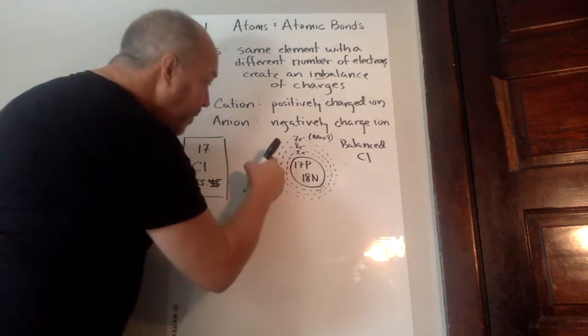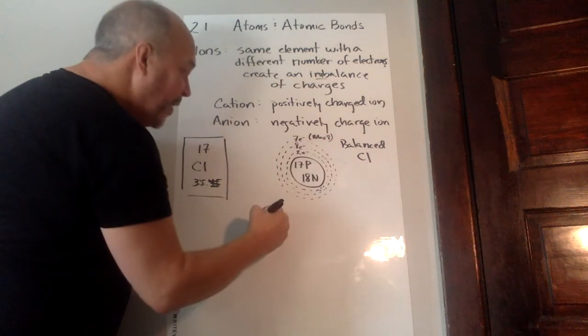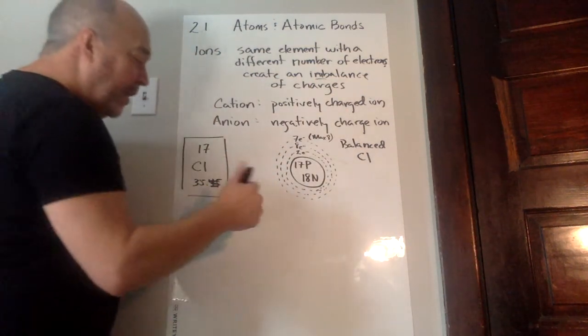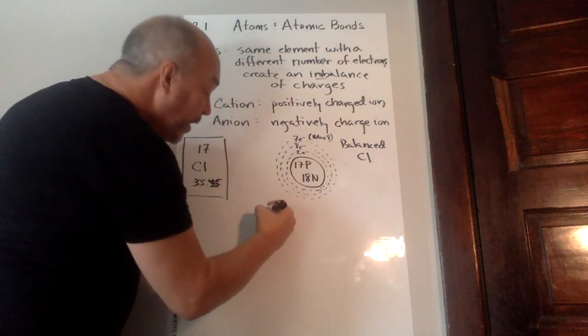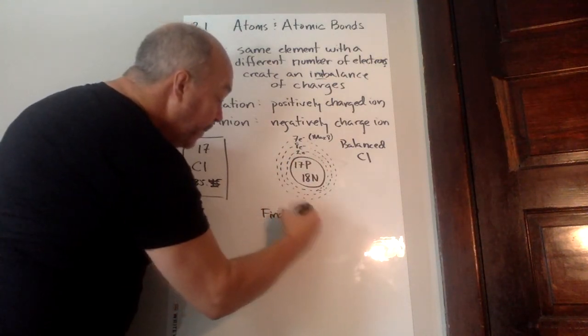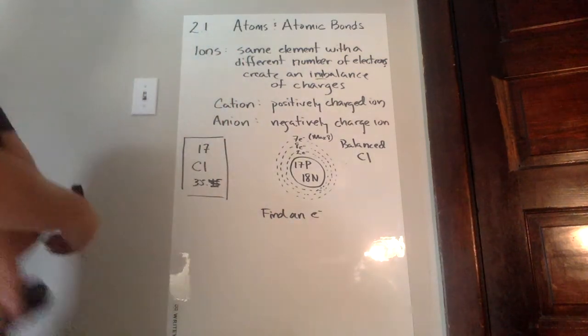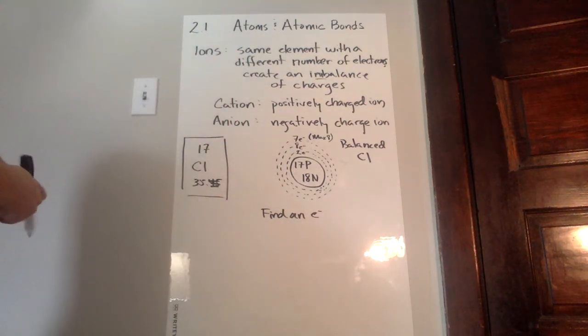So chlorine, to make this third one full, because it just needs to find 1, it's much easier to find 1 than to get rid of 7 like the other guys are doing. So chlorine is going to find an electron and add it to its outer shell. And then that'll be maxed out at 8. It'll be a full valence shell.